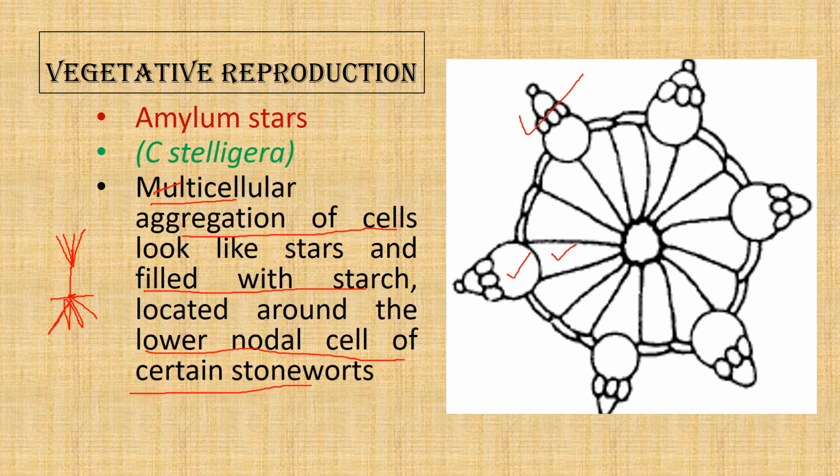Just like in the previous slide, we have seen the amorphous bulbil, which is an aggregation, and the amylon starch is also an aggregation of cells. So two types of aggregates we see. First is the amylon starch, another is the amorphous bulbil. So these are the multicellular structures, and in the unicellular structures of the vegetative reproduction, we see the protonema and the bulbil.